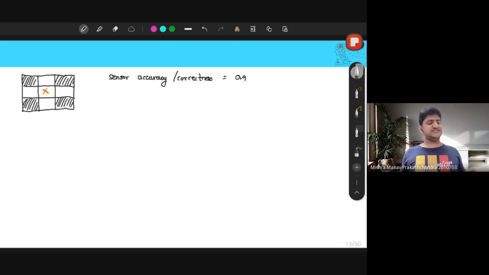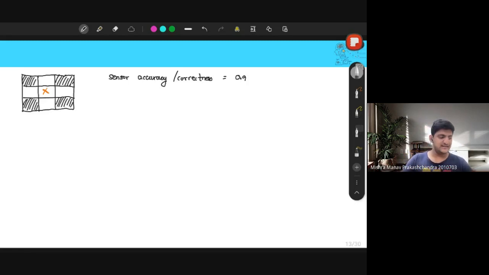Now, the question here is, given that my sensors detect there are no obstacles anywhere, what is the probability I am at the location marked by X? Okay, this is the question.